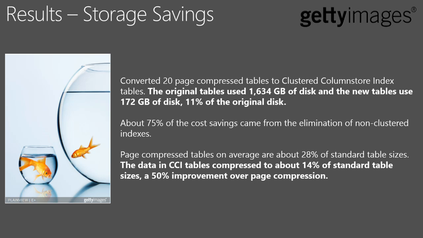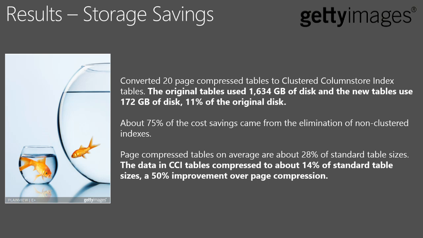As page compressed, they were taking up about 1.6 terabytes of data. And after we converted them to clustered column store indexes, they were 172 gigabytes of data. So our compression rate was around 11% of the page compressed data, actually. So anyhow, most of the savings came from elimination of non-clustered indexes.